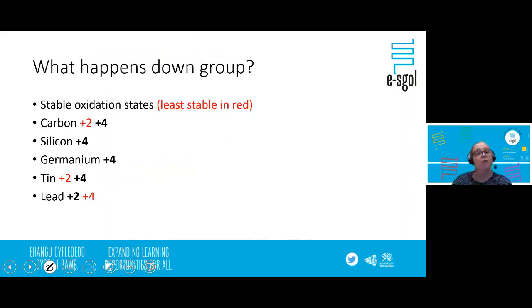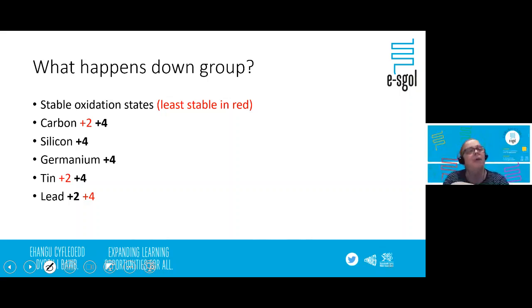Okay, so what happens down the group? As I said, you do have the occurrence of both the +2 and the +4 for carbon, hence carbon monoxide, but you should be aware that the least stable oxidation state of those two is +2. For carbon, that's why carbon monoxide is such a good reducing agent.